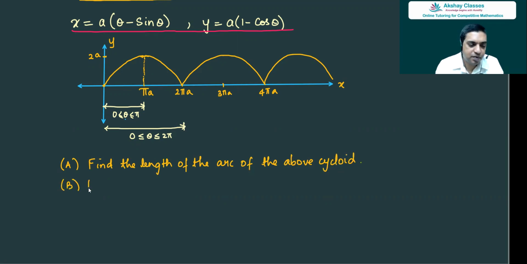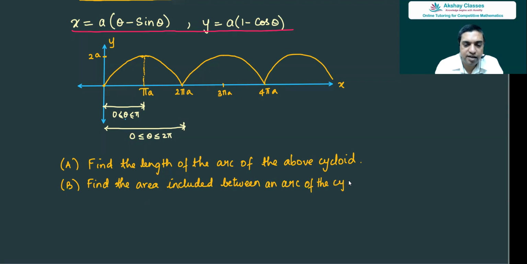Second, find the area included between an arc of the cycloid and its base.